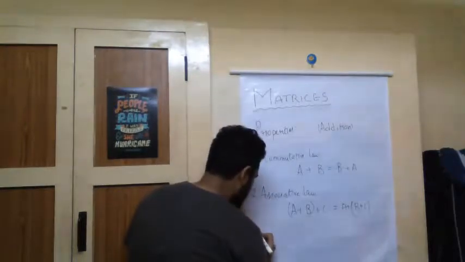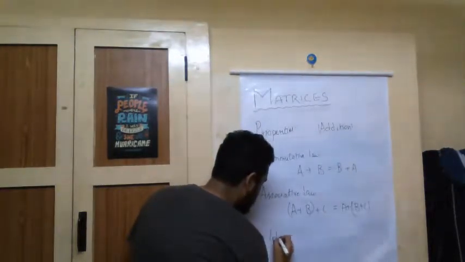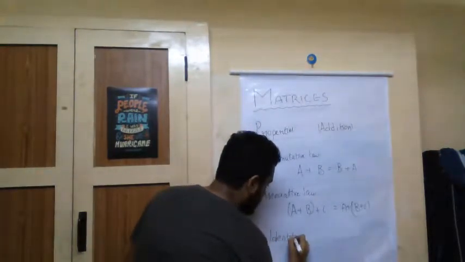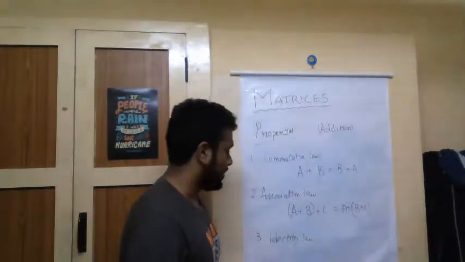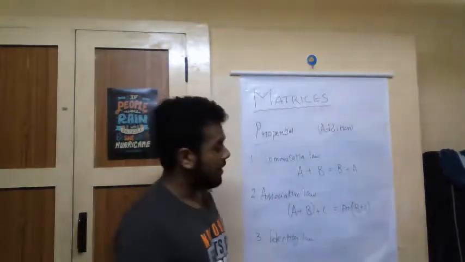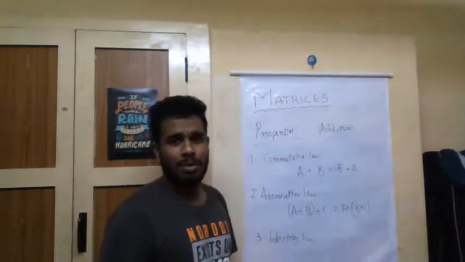The third one is the identity law. The identity law states that there exists an additive identity. An additive identity is nothing but a zero matrix.